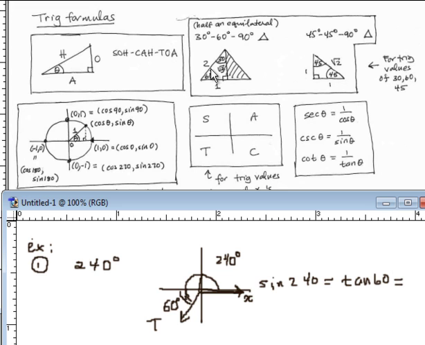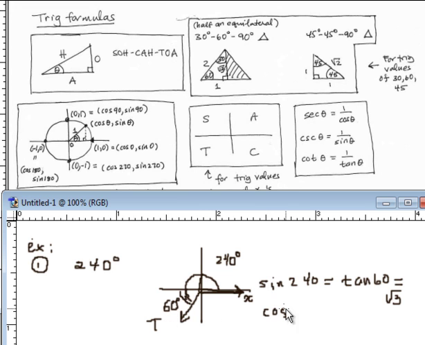Tangent is opposite over adjacent, so that's square root 3 over 1. No, sorry, tangent 60 is square root 3. That's positive because tangent is positive in this quadrant.